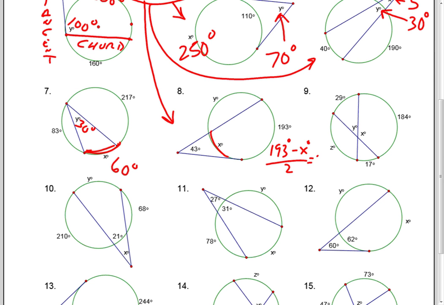I'm dividing by 2. I just happen to know what the outcome is. If I solve that, I should get 107 for that arc. And that leaves me with 60 right there. Okay, got it.